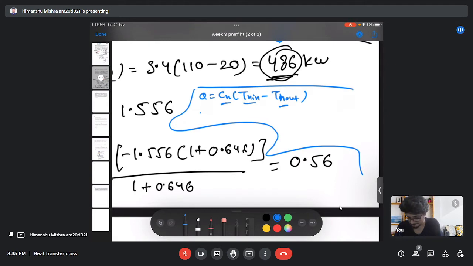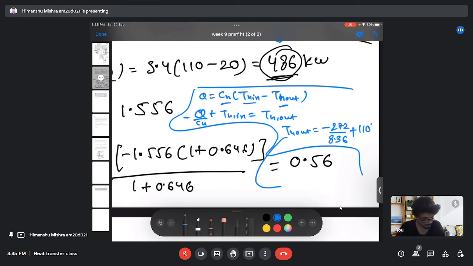So my heat transfer will be the same. So the specific heat for the hot fluid we found is 8.36 and the inlet temperature for the hot fluid is 110. So my outlet temperature of the hot fluid becomes 77.4 degrees Celsius.